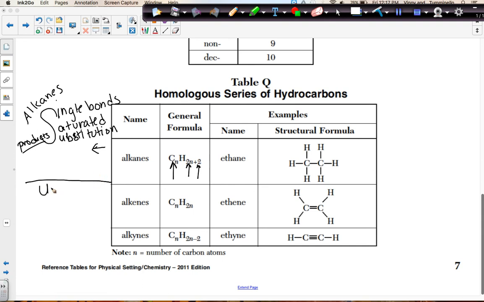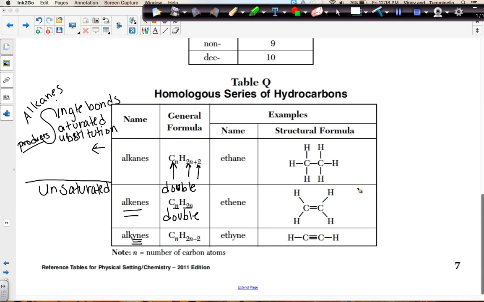Alkenes and alkynes are both called unsaturated because alkenes each have 1 double bond and alkynes each have 1 triple bond. Our alkenes, I say double-double, because when you have one double bond in the molecule, you double the number of carbons to get the number of hydrogens.